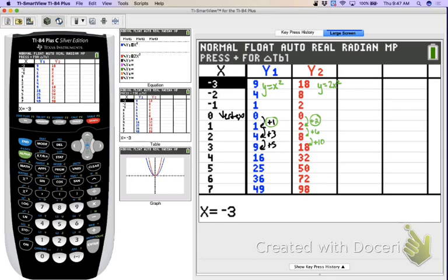Does that make sense? So whatever that number is out in front, whether it's in front of a parenthesis or in front of a standard equation, whatever that first number is in front of your x squared, like if I had 3 times x minus 1 squared minus 4.